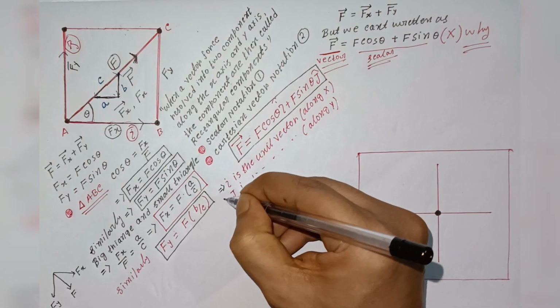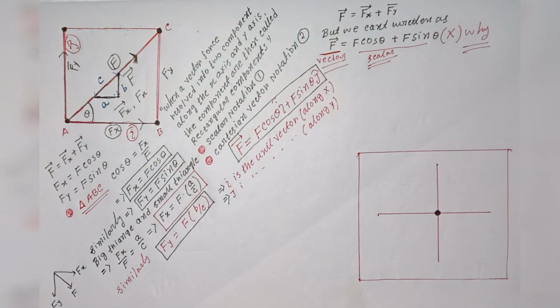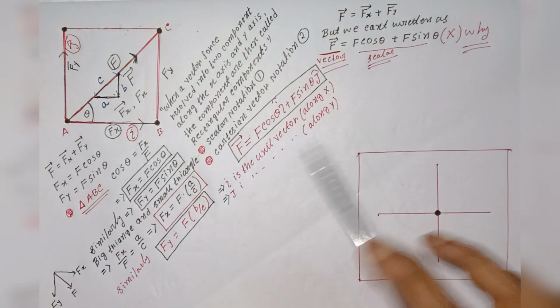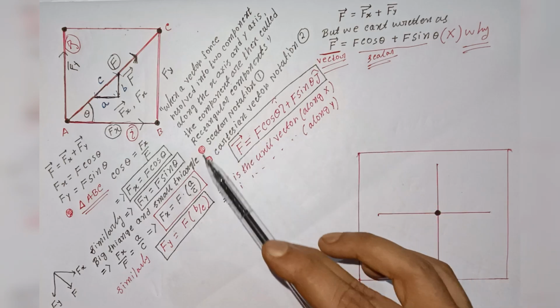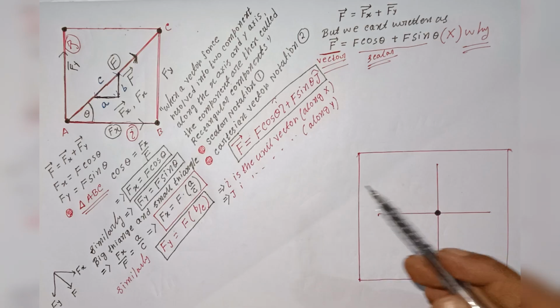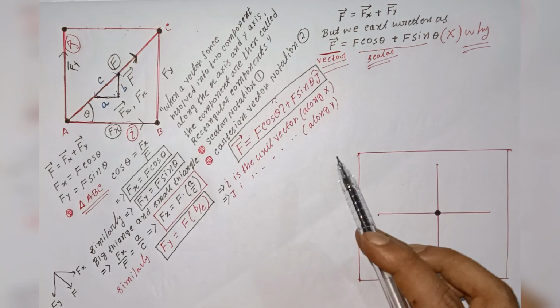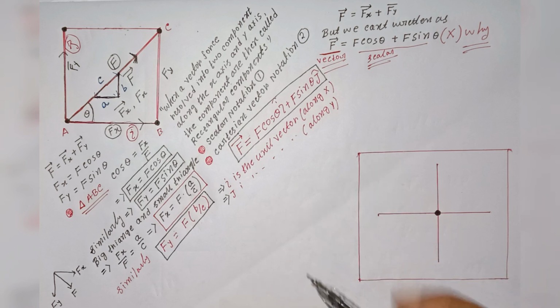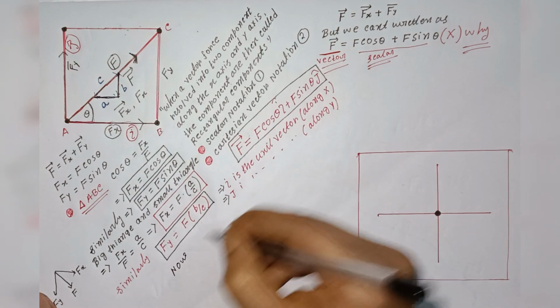I want you to understand. F cos theta and F sin theta are just scalar quantities, they have magnitude only, no direction at all. They are like superheroes without i cap, j cap. But now if we attach i cap and j cap respectively, then suddenly these scalars get a direction along with their magnitude.